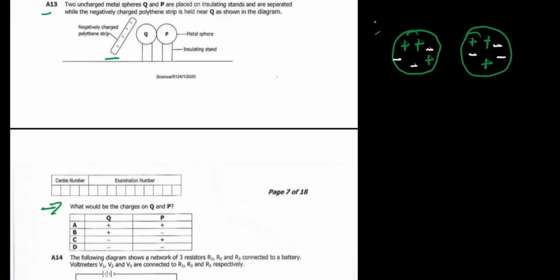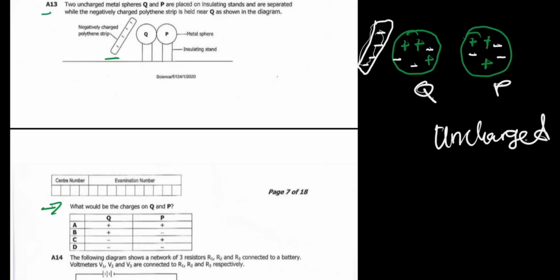So when you bring this polythene strip, which is negatively charged, nearby, what do you think is going to happen in the first sphere, which is sphere Q? And this is sphere P. These two spheres, Q and P, are uncharged.